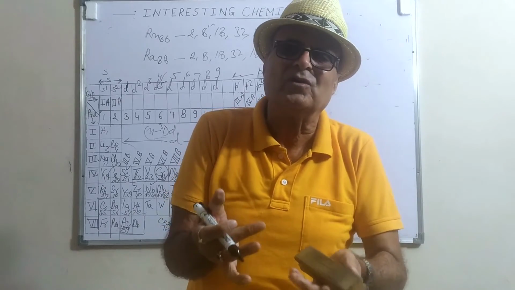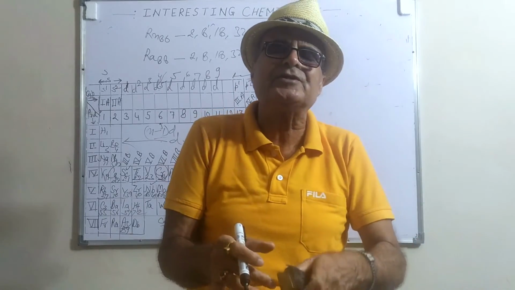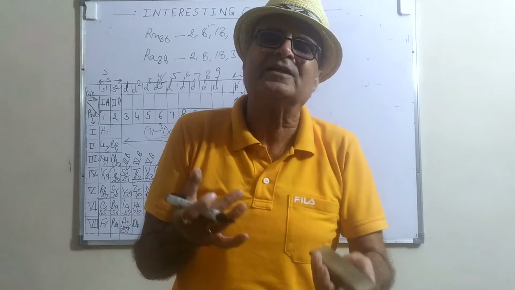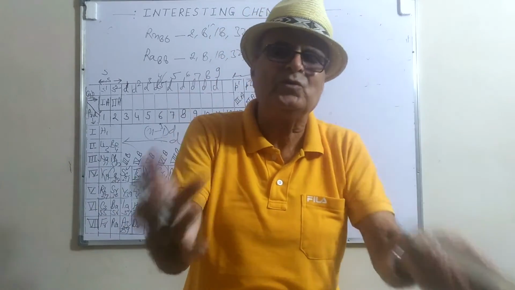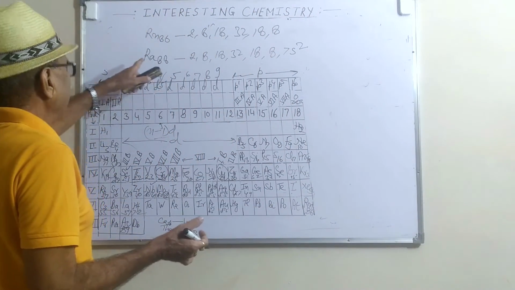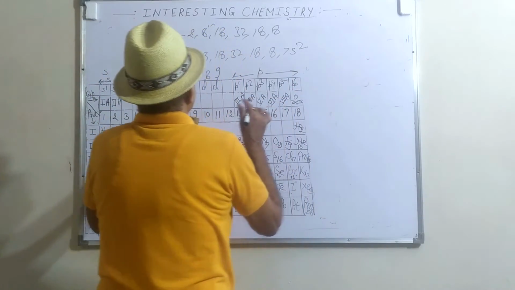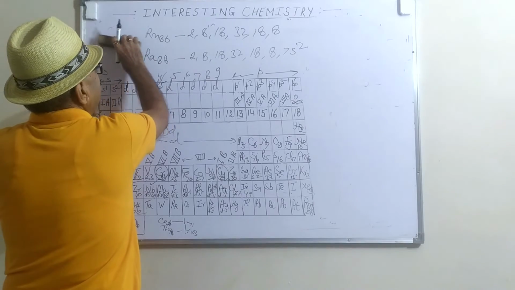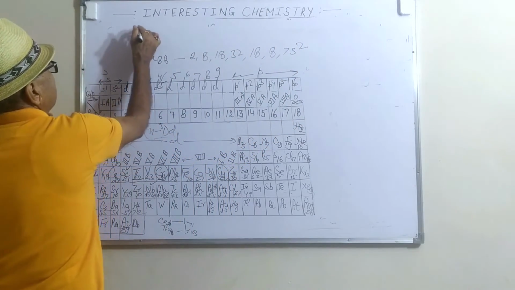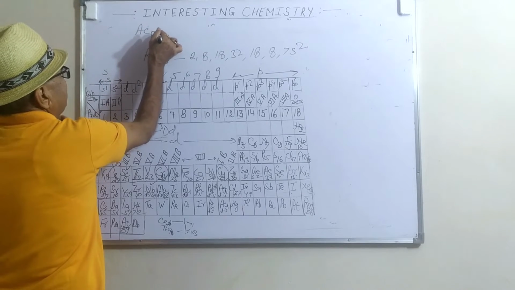I think that my hard work will be useful for you. If any two students will understand this electronic configuration, then I think that I have taught something to you. So in this way, I am telling you about the actinium. How will you write the electronic configuration of actinium, Ac 89?